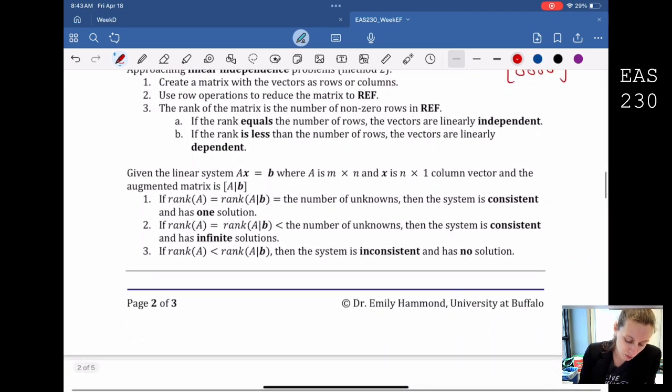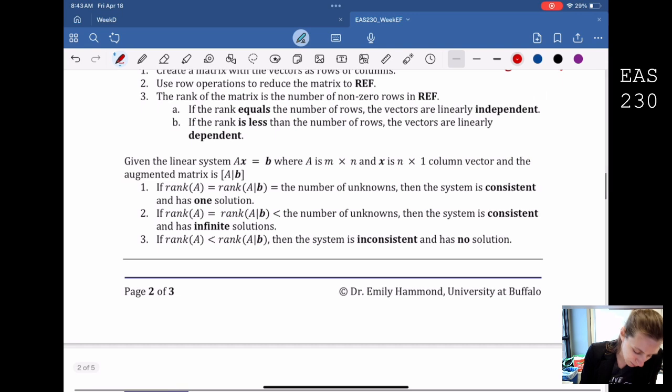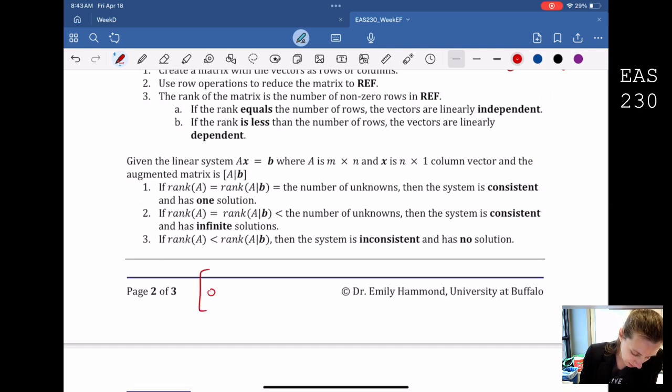And we saw this with our systems of equations, where sometimes we had a full system that shows up like this. That means we have the rank of A. So if we look at this half, the rank of A, there's 3 non-zero rows. If we look at the rank of AB, there's still 3 non-zero rows.